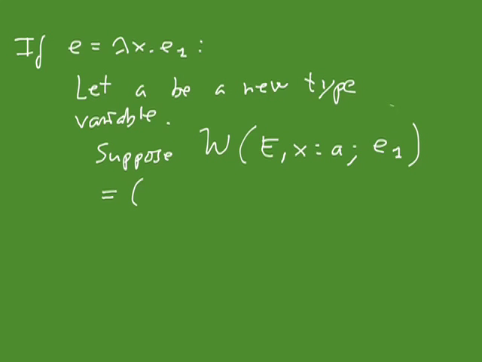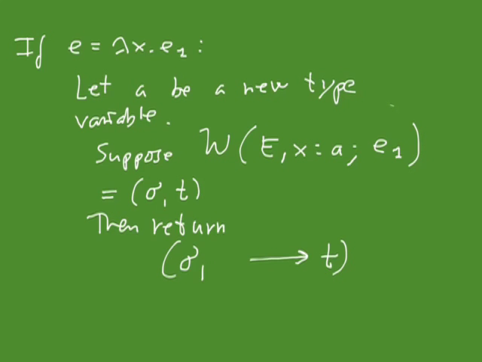If the result of that is the substitution sigma and the type T, then return, what do we return? The substitution is sigma, and what's the type? Well, this is a function, so its return type should be T, because that's the type of the body. And what's the type of the argument? It's what the substitution tells us should be the type of our new type variable A.